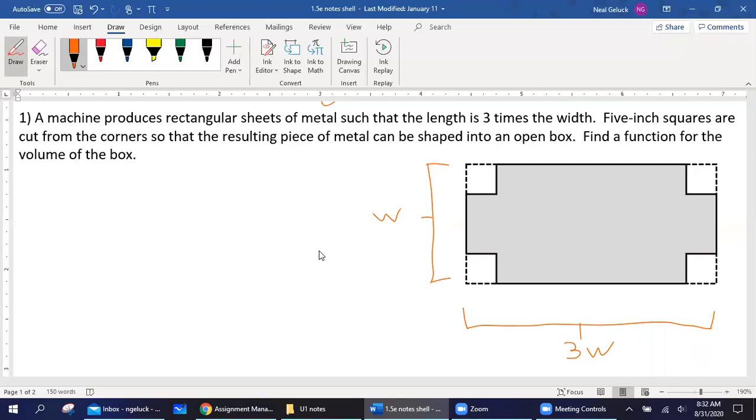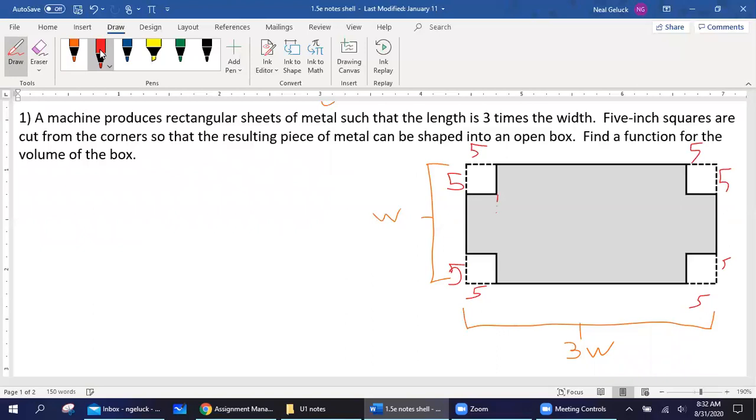Now, squares are cut from the corners, so the resulting piece of metal can be shaped into a box. Okay. So if they are 5-inch squares, these are all going to be 5 by 5. All the way around here. So the idea is this is going to fold into an open top box.